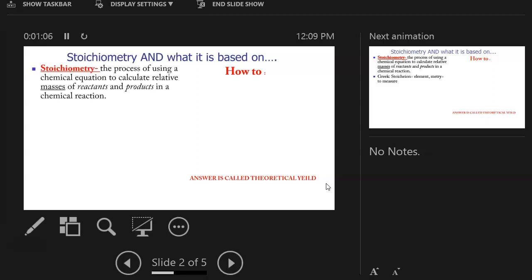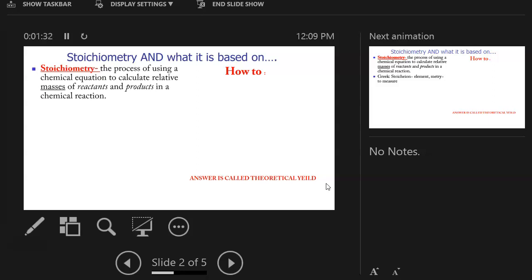doing mole conversion problems to try and figure out how much of a reactant is needed or how much of a product is produced. So we are going to mathematically figure out how much of each reactant we need and how much each product should theoretically be produced. That is stoichiometry.